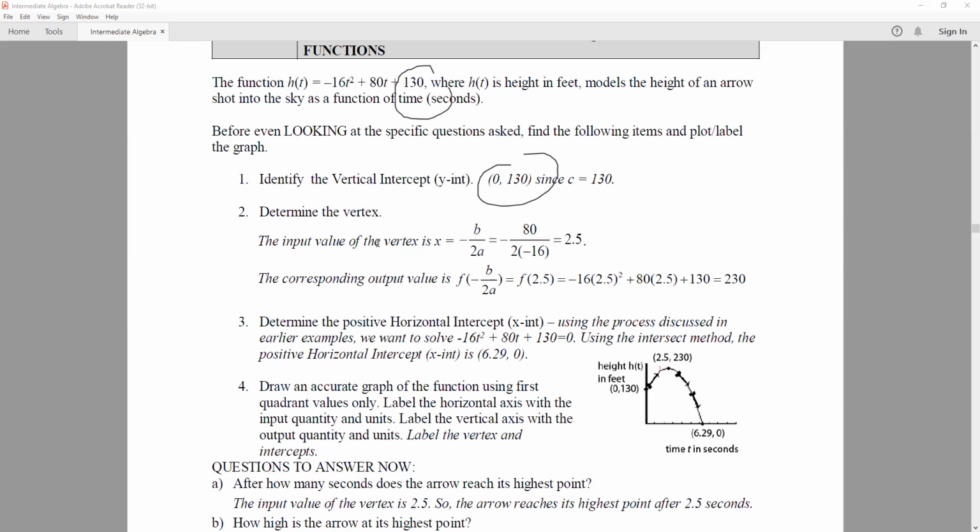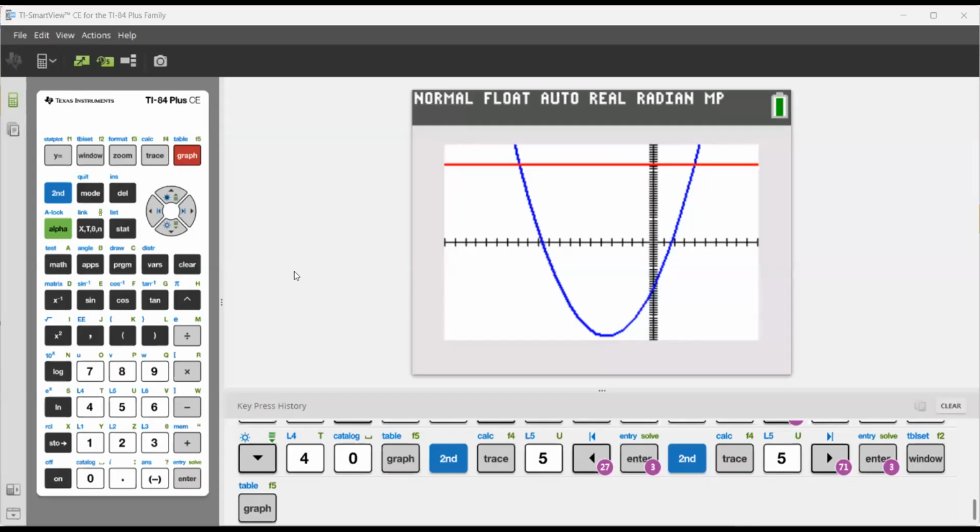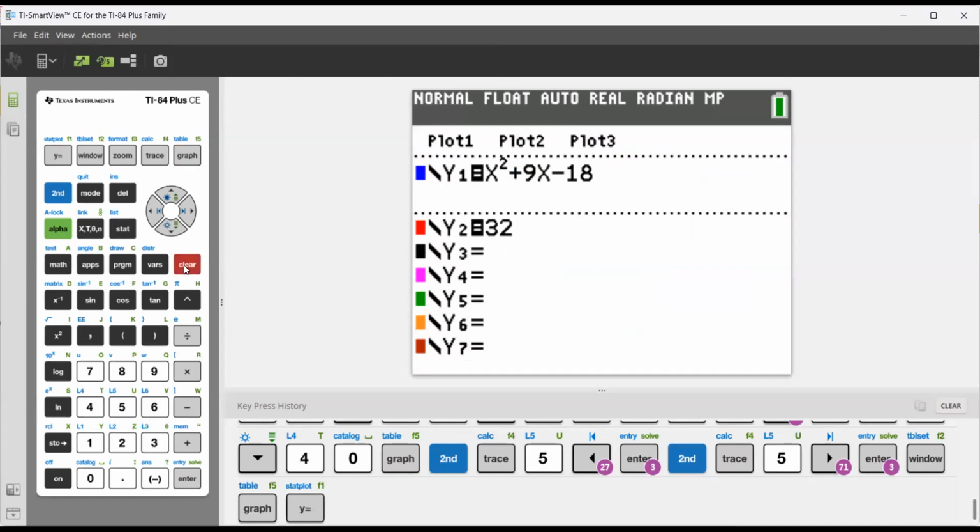So if I go to my calculator now, I'm going to share the screen again for the calculator. So I have to put in the function. So I go to y equals, I'm going to erase this. So what was the function?